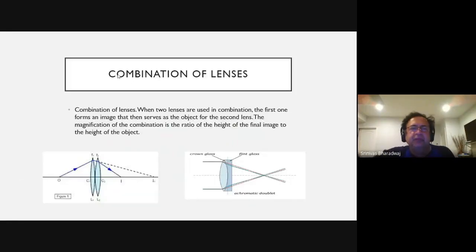Now, combination of lenses. When two lenses are used in combination, the first one forms an image that then serves as the object for the second lens. We are next going to go into optical instruments.